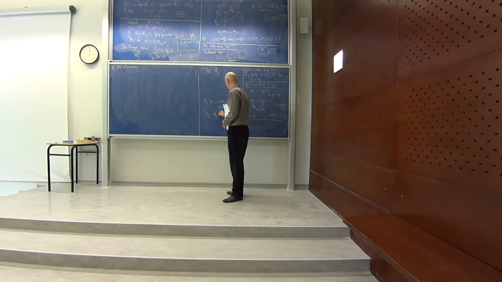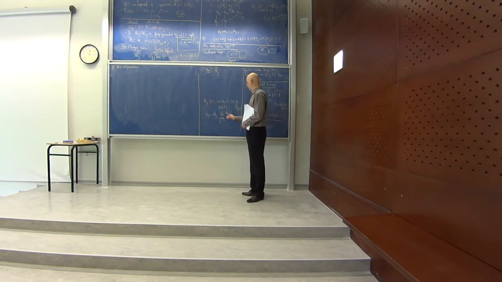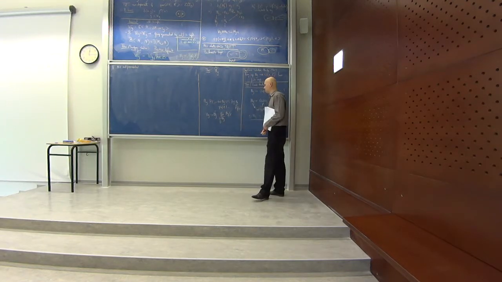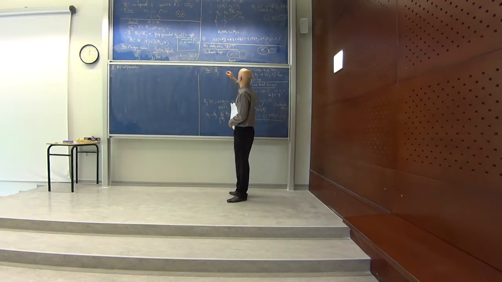The profinite completion is by definition the limit of MG divided by K, where K is of finite index in MG. So it is a projective limit of finite quotients. So this is a topological group.